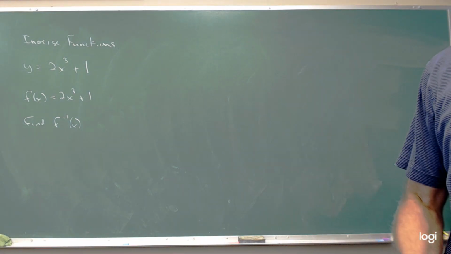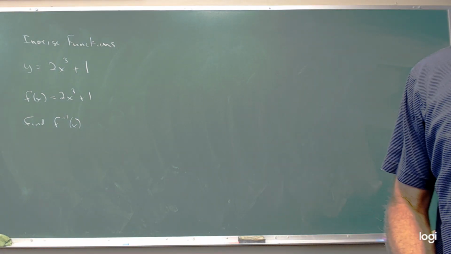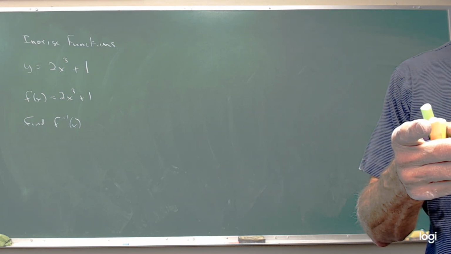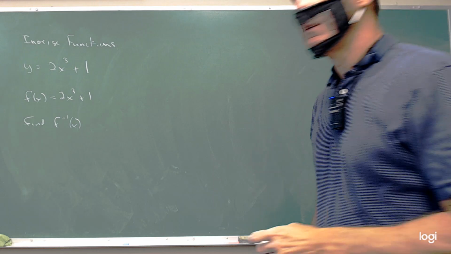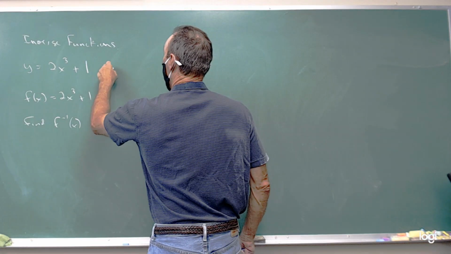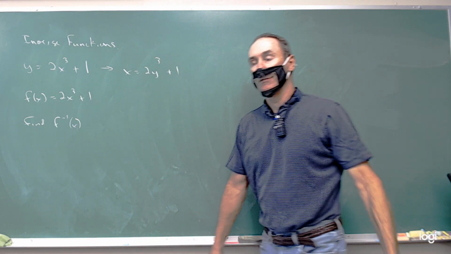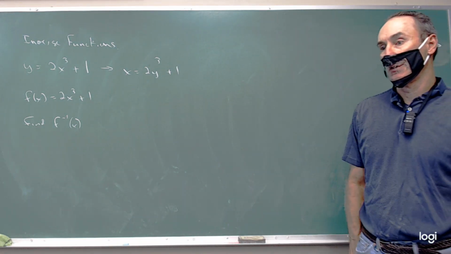Anybody not remember how to start on that? We need a hint. Like that, so when it's x equals 2y cubed plus 1, then good. And then we're going to solve for the y here.